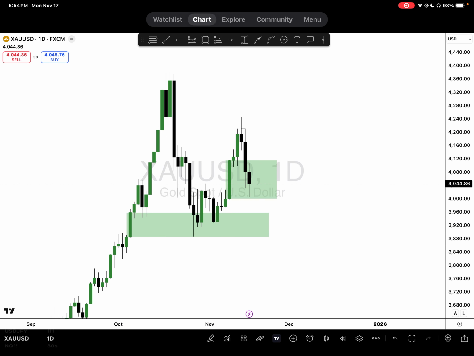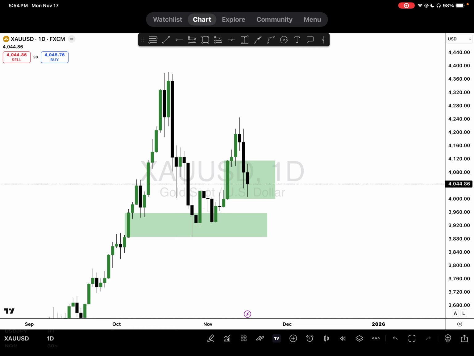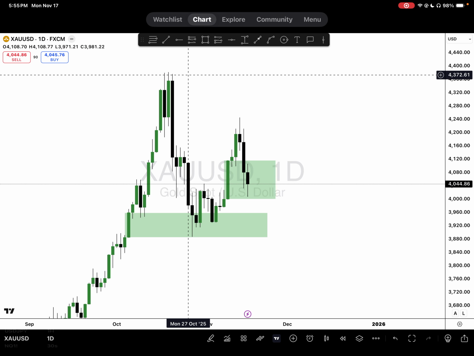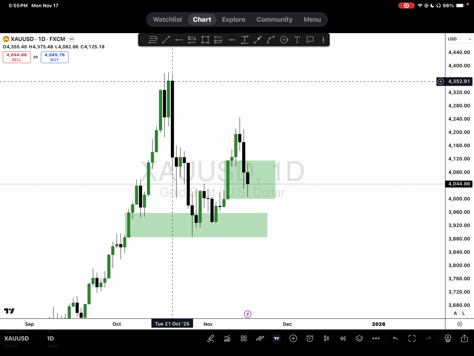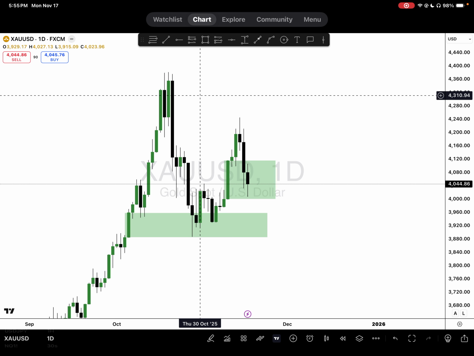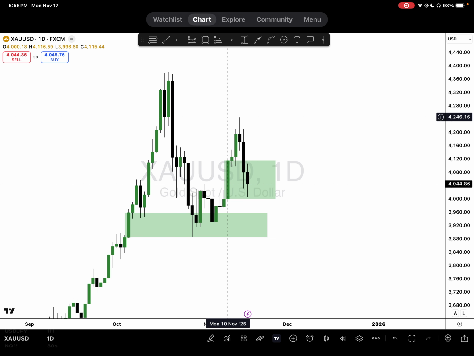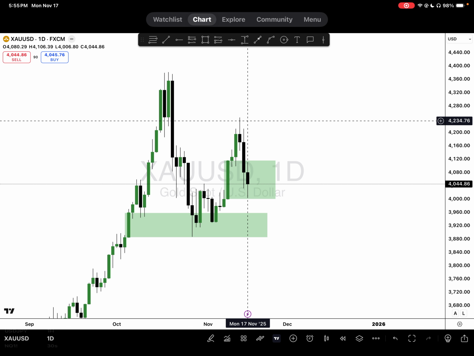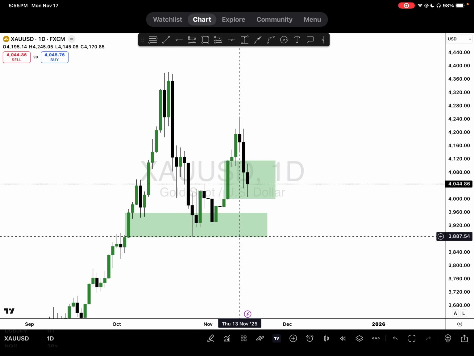So essentially what we're looking at right now is continuation and biasing that this will continue higher to take out the all-time highs, which just happens to be the last liquidity point. So yes, we got a reaction here. It's very valid, but this is a kind of trade that I would have taken in the past and expected for price to come lower.